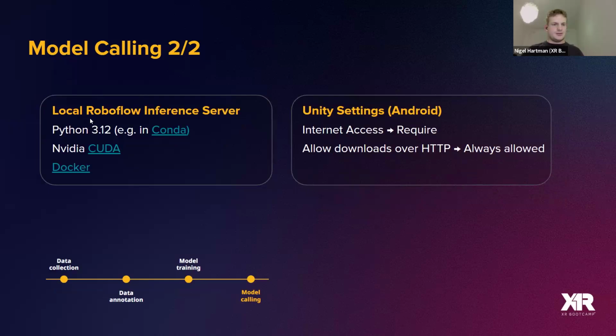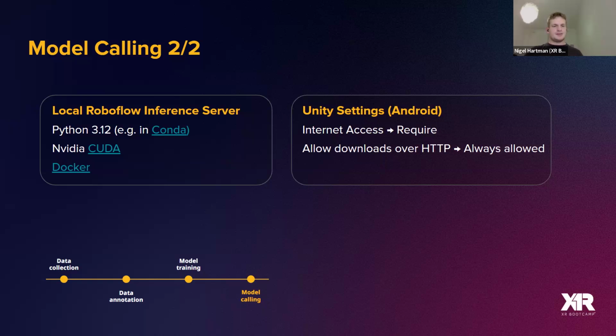What do you need to call it locally? I will show you the project also. You need Python. You need NVIDIA CUDA, which allows your models to be deployed to your graphic card, the GPU.